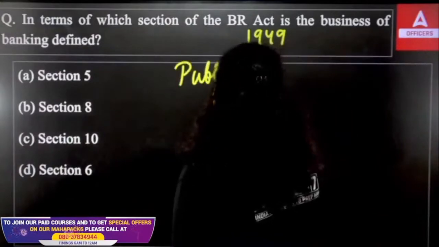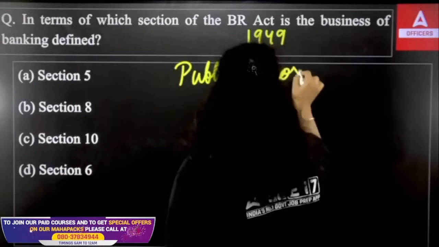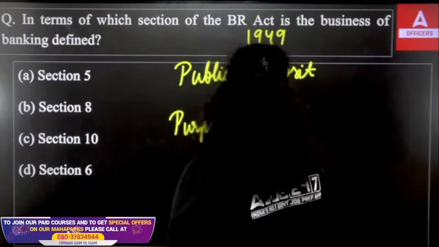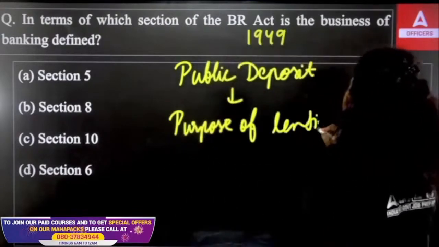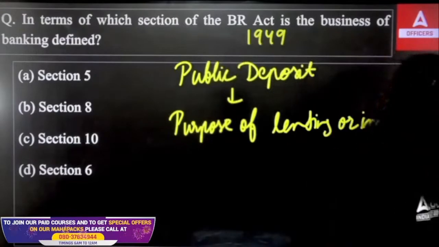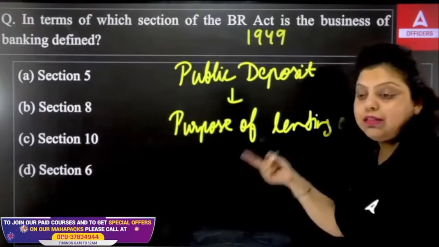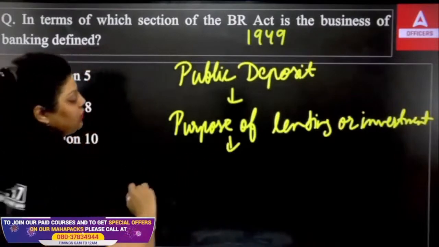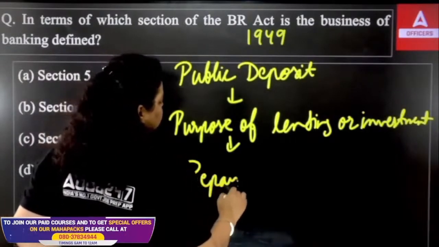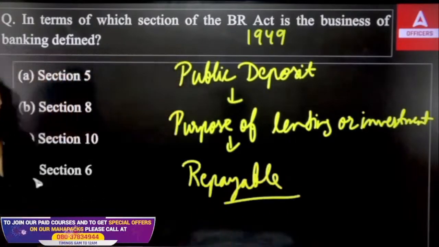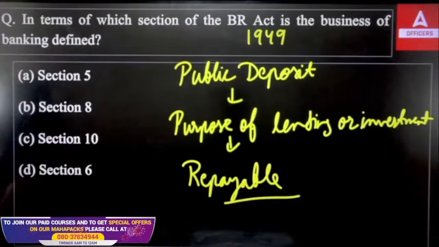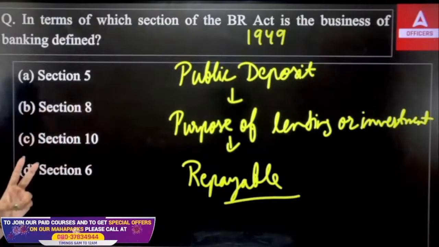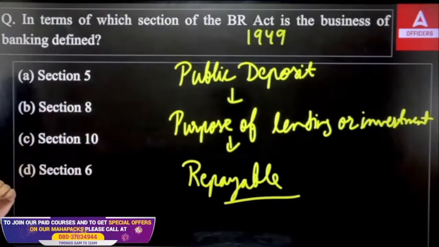Business of banking is accepting deposit from the public for the purpose of lending or investment, and it will be repayable on demand. So first is accepting deposit from the public for the purpose of lending or investment, and that will be repayable on the demand of the customer.